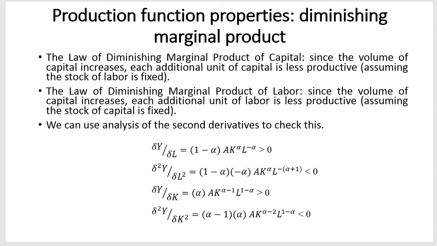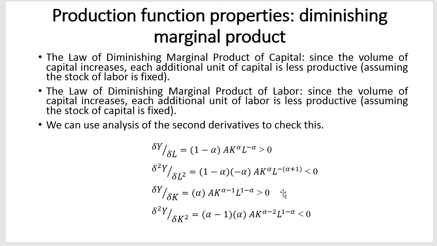So actually you can do some formal analysis in order to prove this. In order to define the slope of the function, you have to calculate the first partial derivative. Here you can see the first partial derivative of Y with respect to labor and partial derivative of Y with respect to capital.